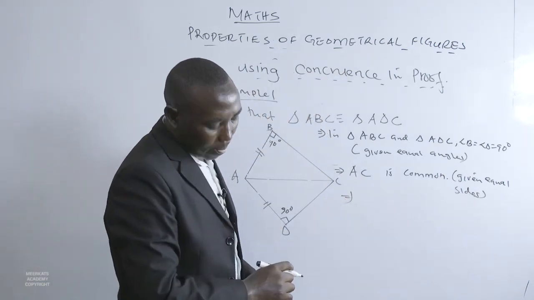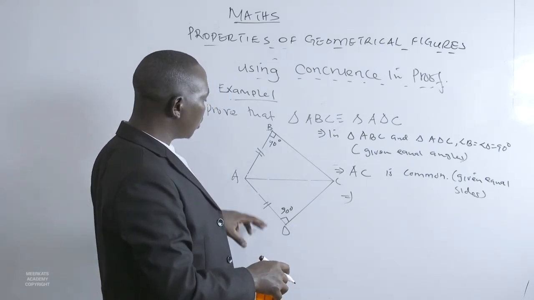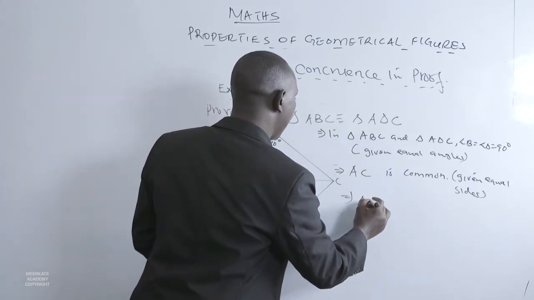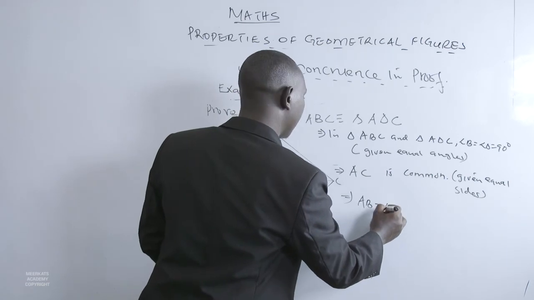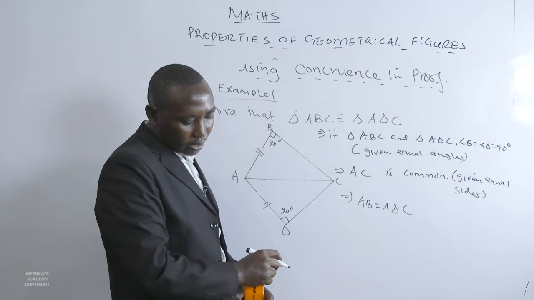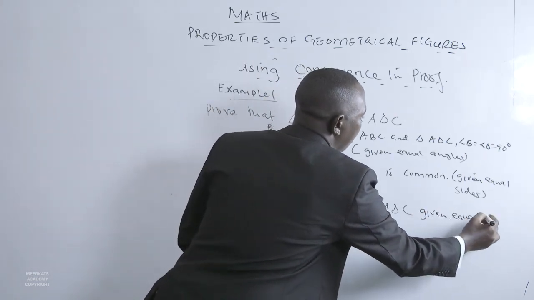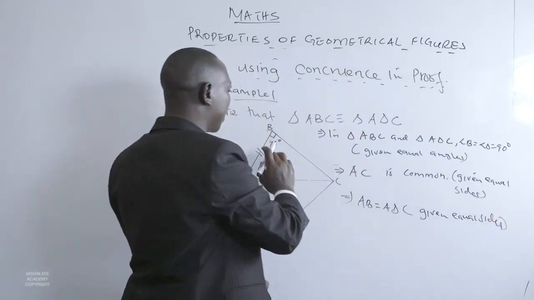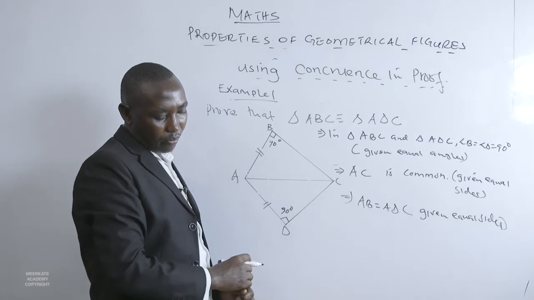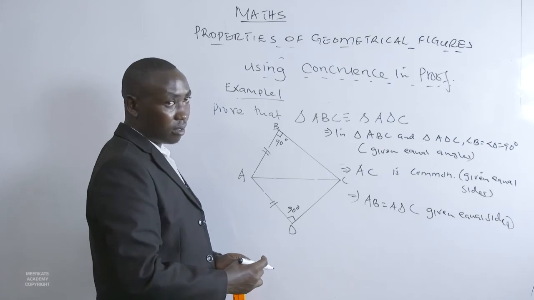Now, we also have AB and AD. AB is equal to AD. Again, the reason here is we have been given equal sides. The 2 marks indicate that the two sides are equal. Given the two equal sides, AB and AD, they are equal.